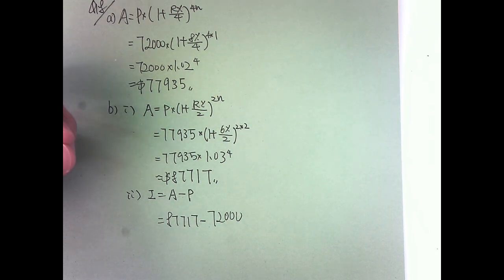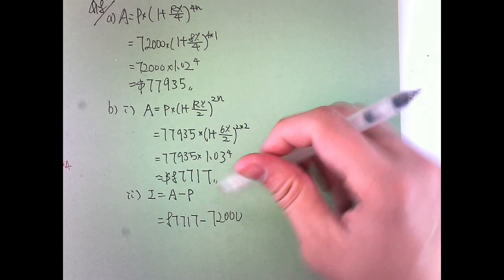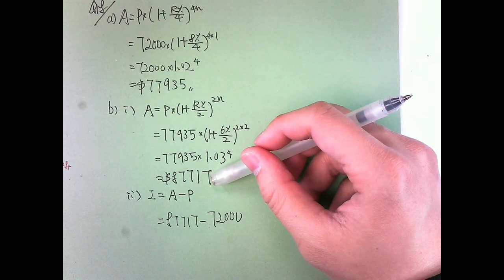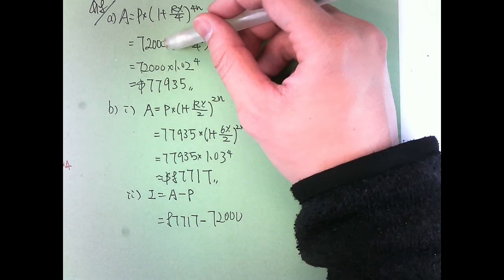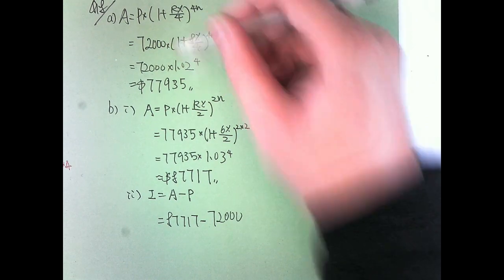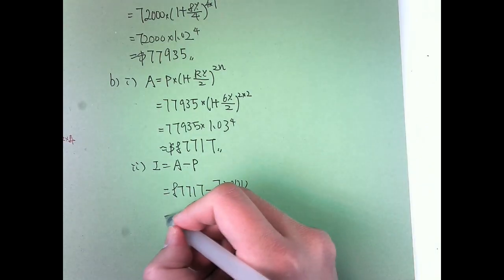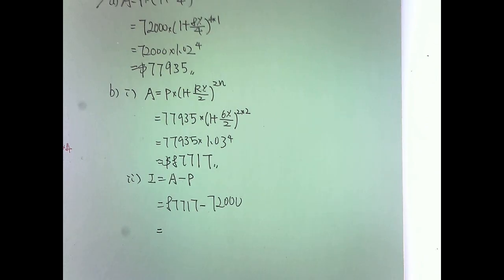Meaning that you have to minus the very original amount, understand? So use the final amount minus the very original sum of money, I mean the principal. Then you get the overall interest.